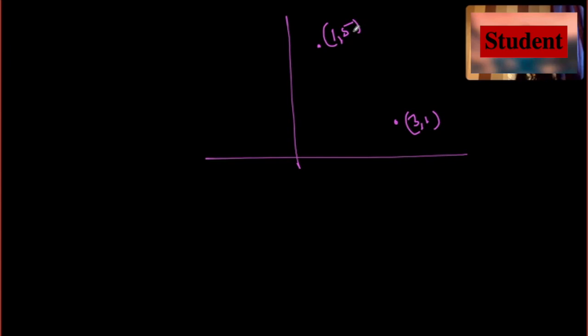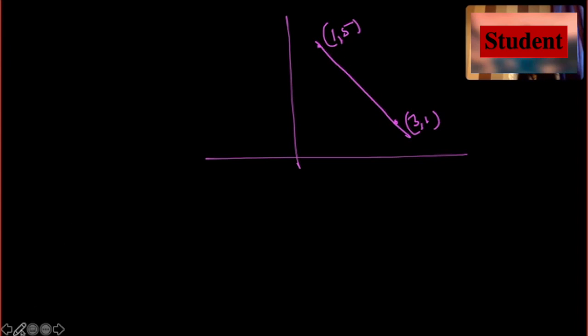What information can you get? You can get the distance using the distance formula. You can get the midpoint using the midpoint formula. You can find the slope of the straight line which connects them.